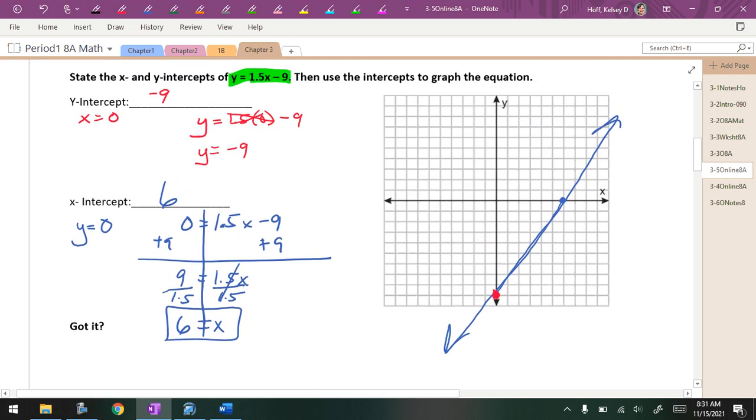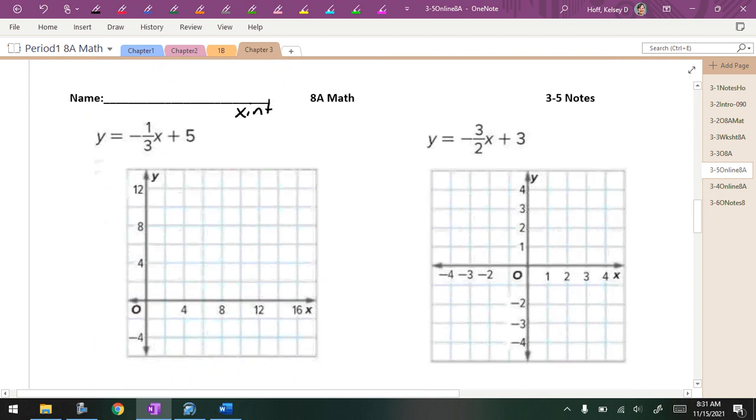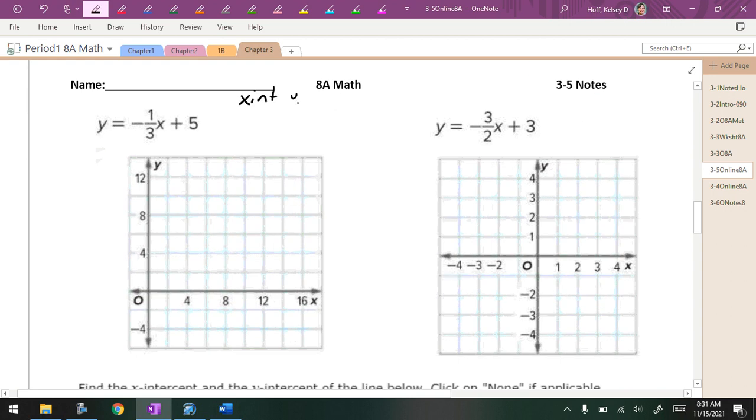What do you know on every x-intercept? Y equals 0. So take your equation and put in 0 for y. 0 equals negative 1/3 x plus 5.